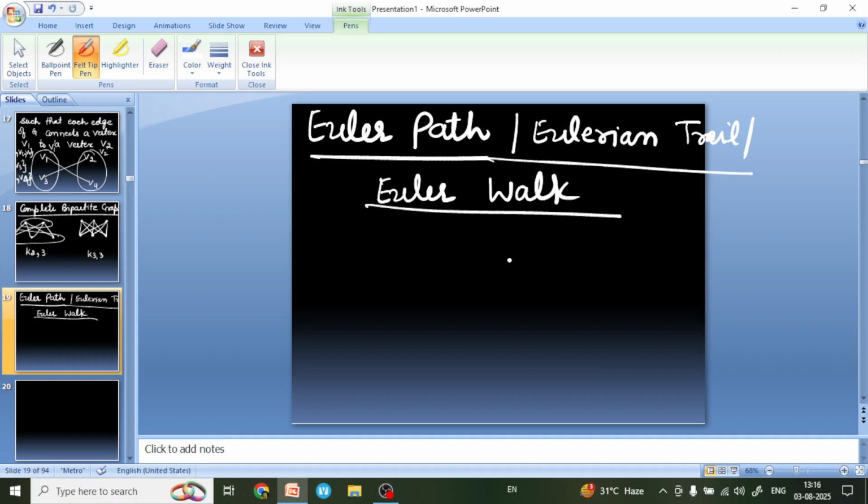Eulerian path is a path in a graph whose edge list includes each edge of the graph exactly once. That is known as Eulerian path or Euler path.